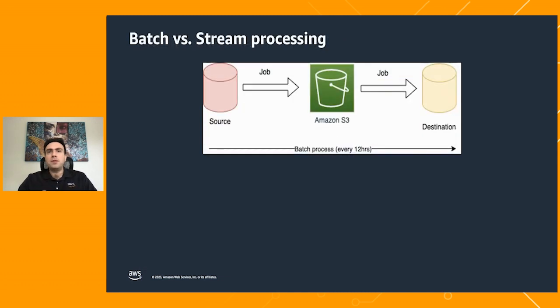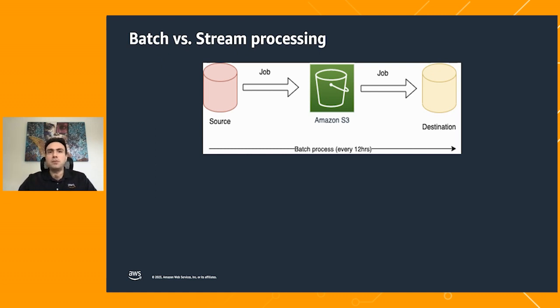In order to dive deeper into that, let's compare batch processing versus stream processing. Let's assume we want to sync the data between two data sources, from the source to the destination. The way the batch job operates, it takes a snapshot of the source database and stores that on Amazon S3.